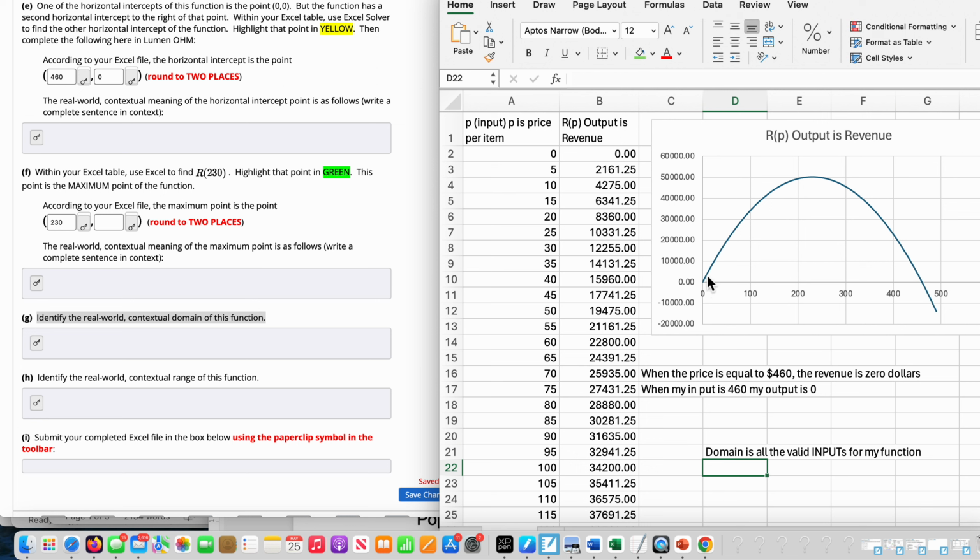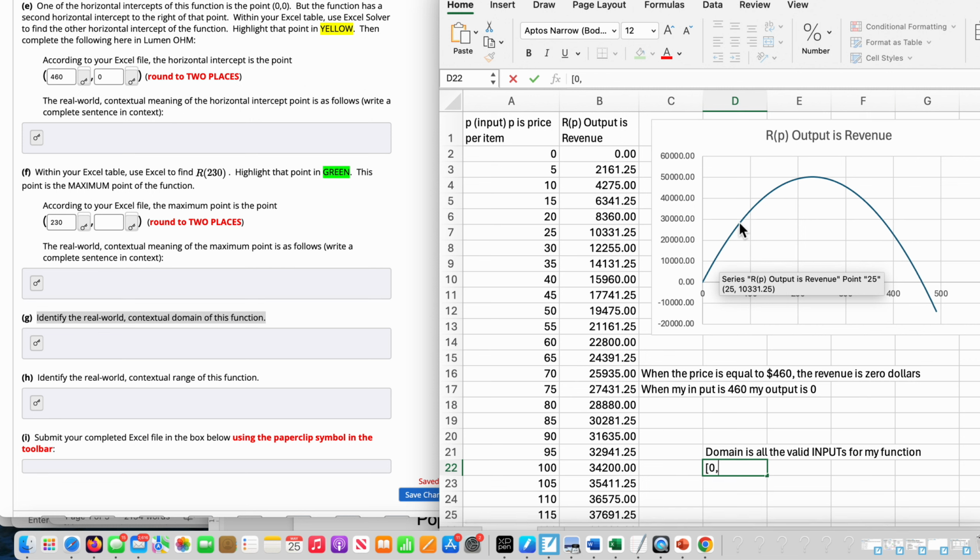So what realistically are the valid prices that I would have? Well, I can have a price of 0, so I can say price can be equal to 0. So 0 is my lowest price. I'm not going to have a negative price. So even though I can input negative numbers into this function mathematically, because I'm dealing with price, I'm not going to have a negative price.